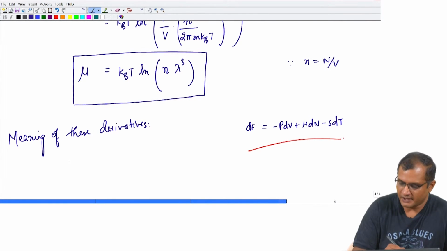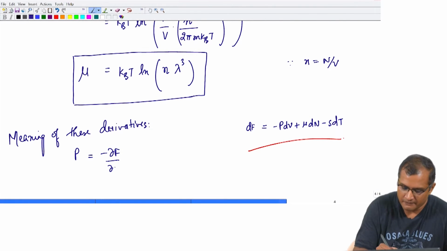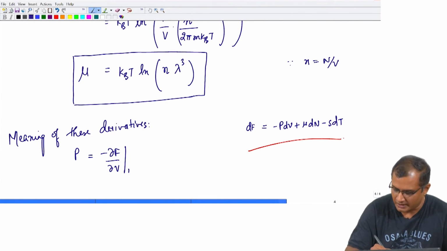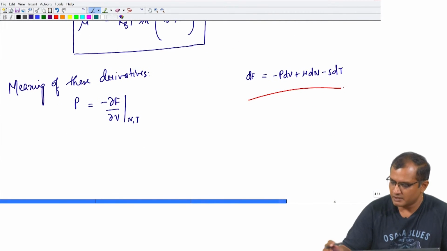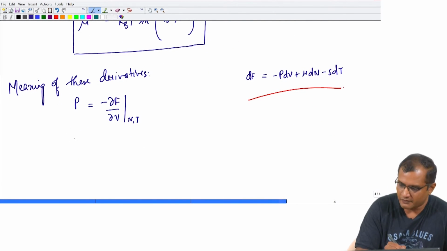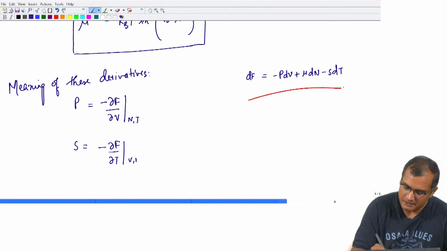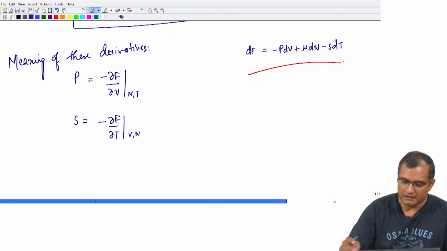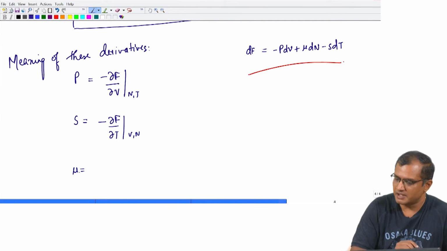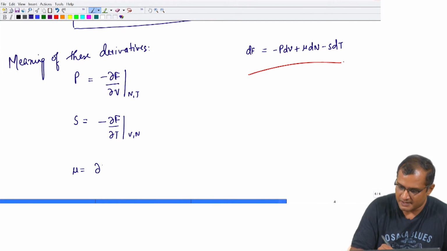For pressure we said that it is minus dF over dV at constant n and T, and the same thermodynamic law gave us the expression for entropy as minus dF over dT at constant V and n, and the chemical potential as dF over dN at constant V and T.